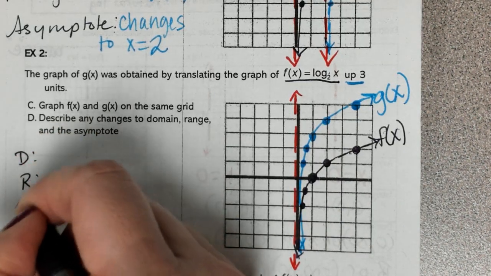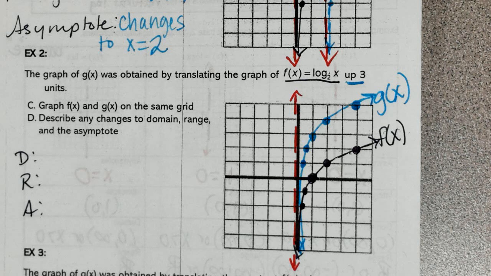Describe the changes. I'm just abbreviating domain, range, asymptote. Okay. So, moving up 3.